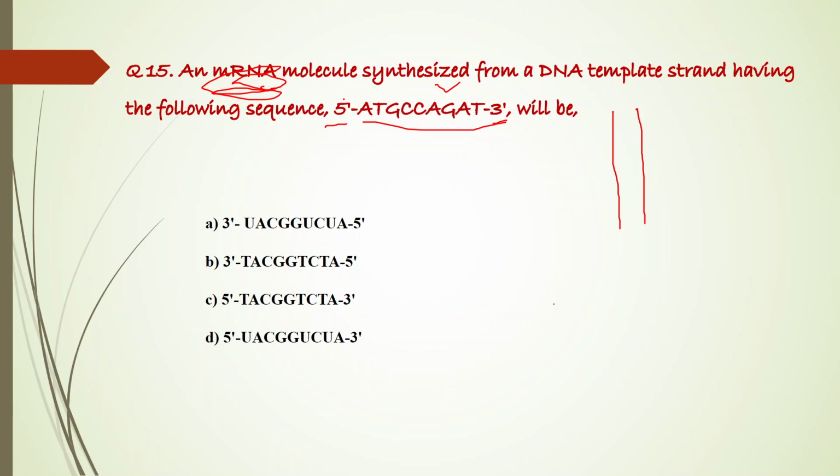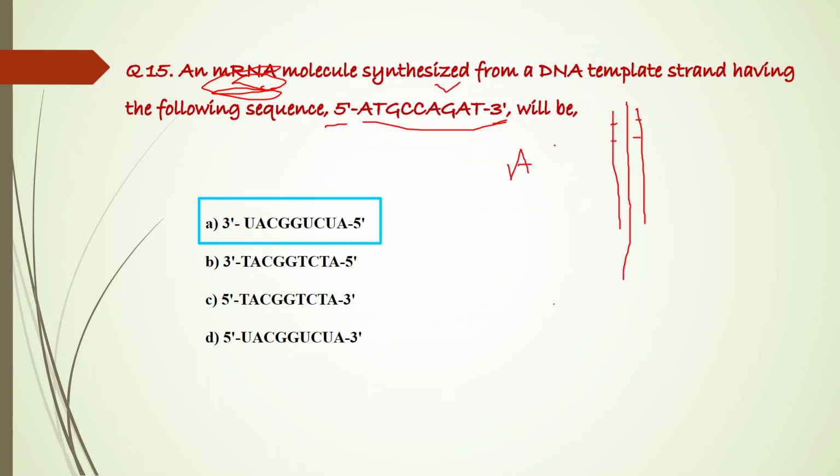Okay, so we have the answers. Thank you for answering. Again, so first of all, from a DNA, we are getting an mRNA. So basically, from DNA to RNA means you are splitting it from the middle. Whenever you are splitting it from the middle, you know that on the opposite sides, you always have the complementary bases.